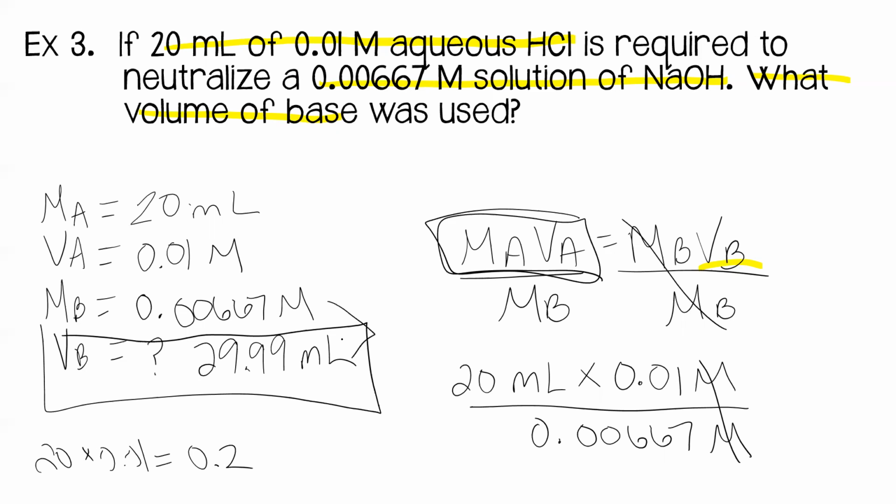Now let me take these two times each other. 0.00667 times 29.99. Those two equal also 0.2. That's this side. So that's what I'm saying. You can always check your answers and know if you're right or wrong. If you get too much of a difference besides a couple decimal places, something's gone wrong.